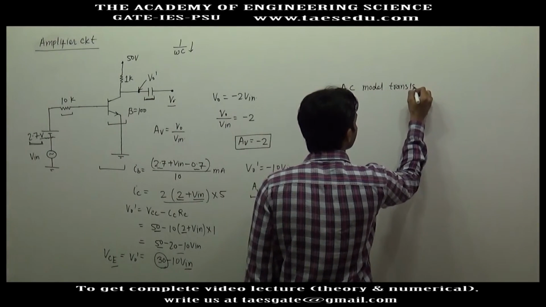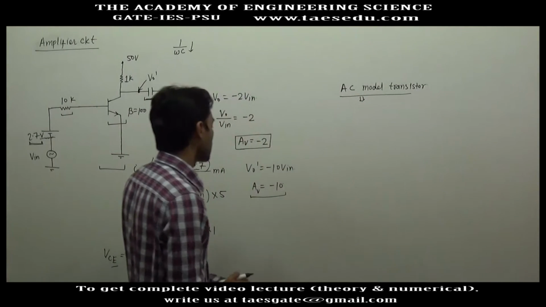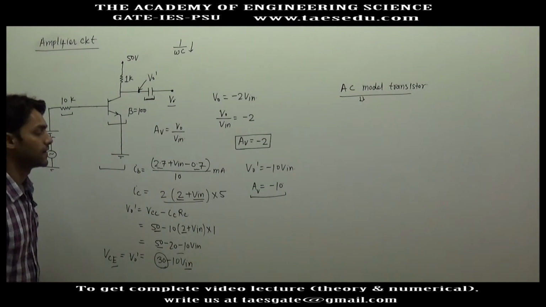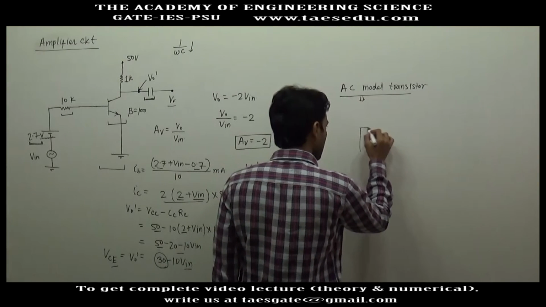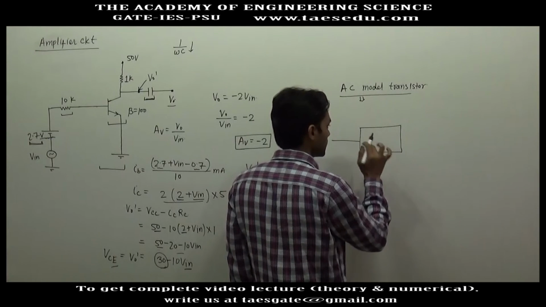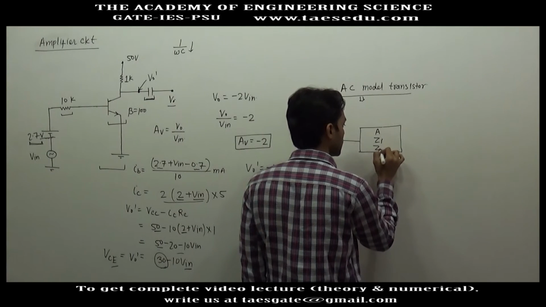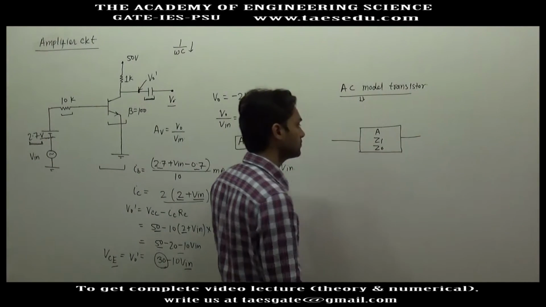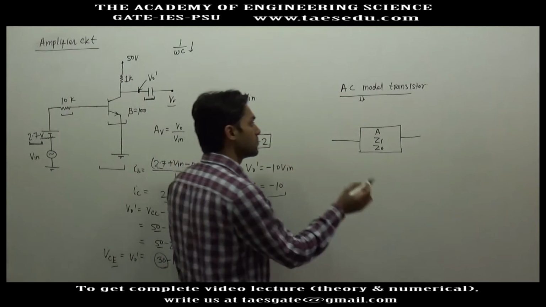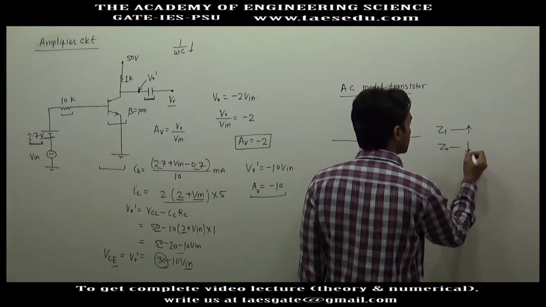So in the next lecture, first we will develop the AC model of the transistor, and with the help of the AC model we will derive an expression to calculate the voltage gain of an amplifier. In a general amplifier circuit, we have already studied that three quantities are important: its gain, its input impedance, and its output impedance. For a voltage amplifier, Z input must be large and output impedance must be low.